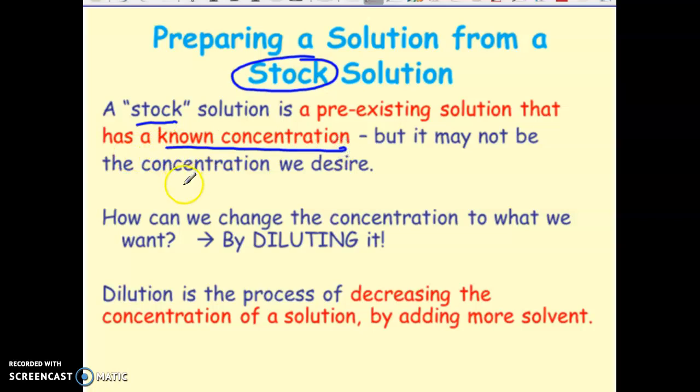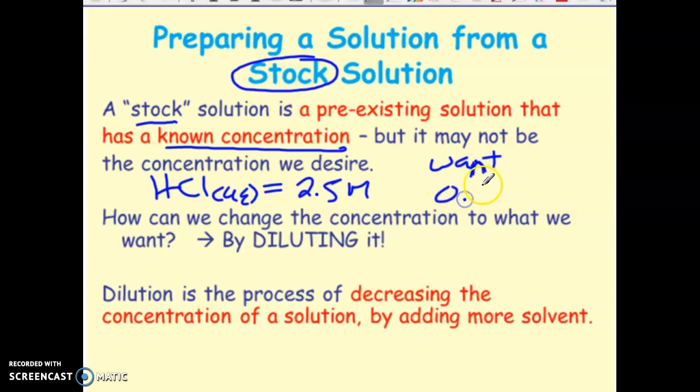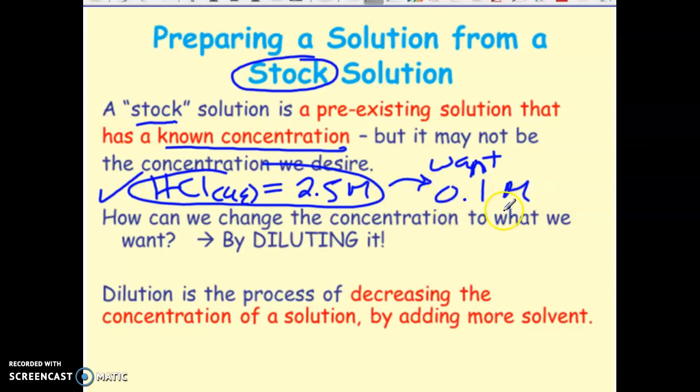So for example, let's say we have HCl and it's 2.5 moles per liter, but what we want is, let's say, 0.1 mole per liter. Like we have this already, but we want a different concentration.